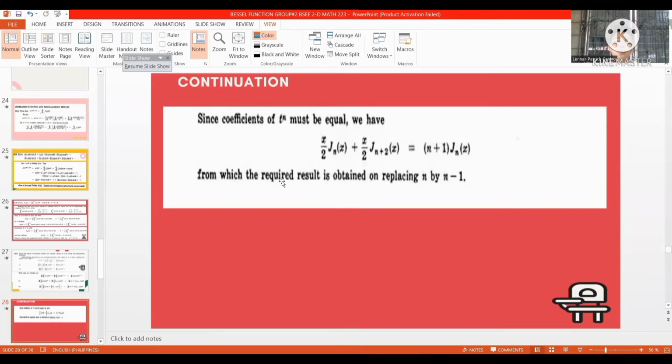Since the coefficients of t^n must be equal, we have (x/2) J_n(x) + (x/2) J_{n+2}(x) = (n+1) J_{n+1}(x), from which the required result is obtained by replacing n by n − 2.